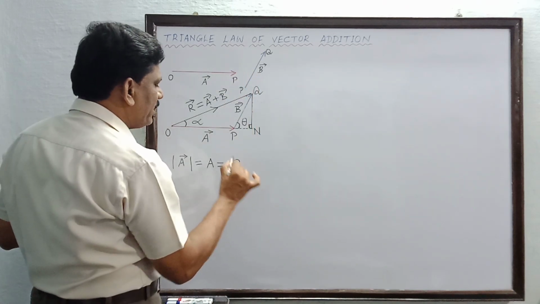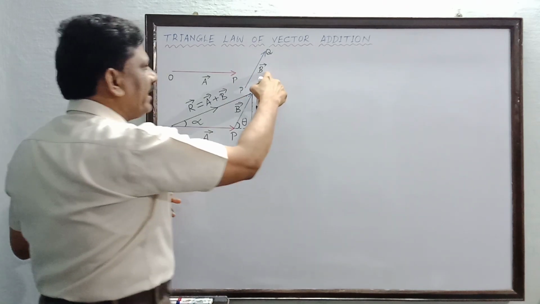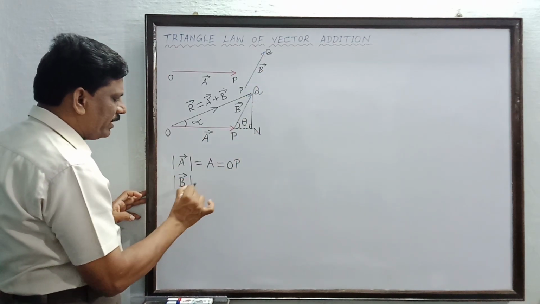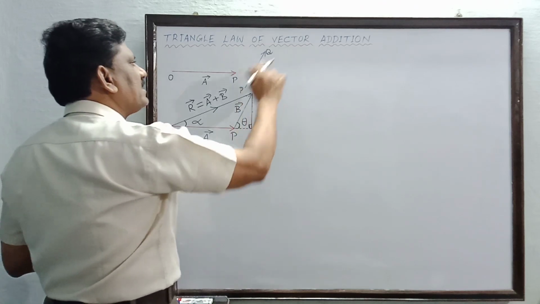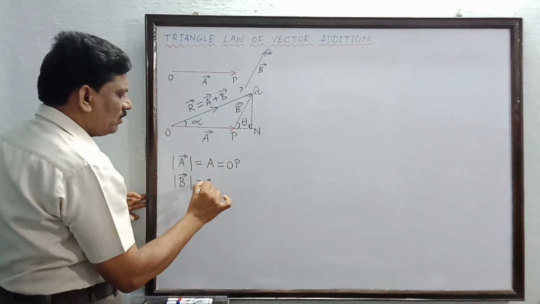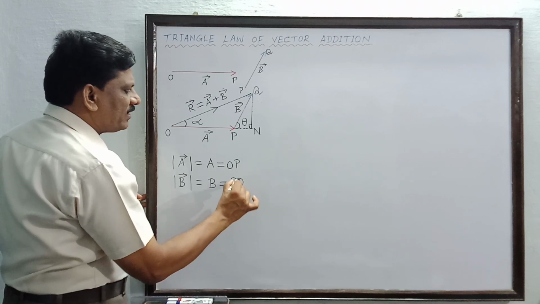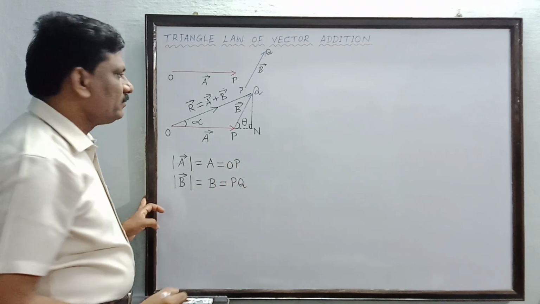Similarly, the modulus of the vector B is given by the length of the side PQ, equal to the magnitude B.